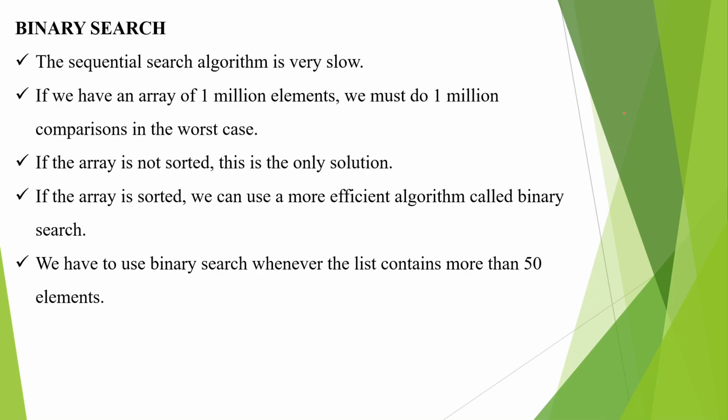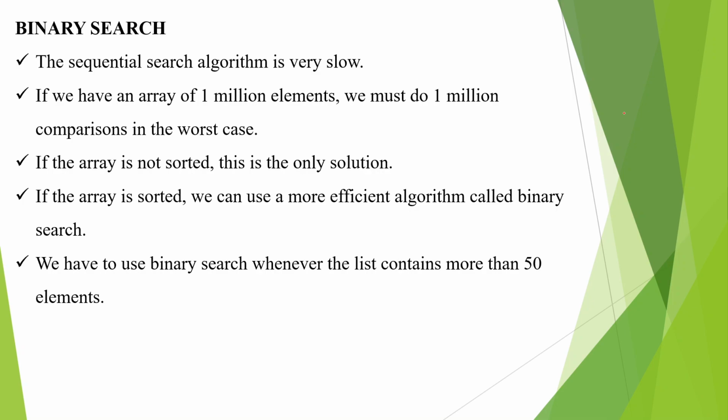Okay, let us assume inside an array we have 1 million items. In the worst case, if the target is not present in the list, how many comparisons do you have to do? 1 million comparisons you have to do before concluding that the item is not there in the list. It is what we call wastage of computational resources.